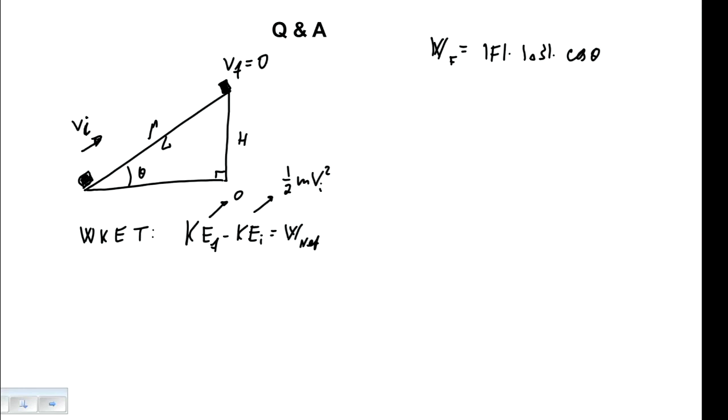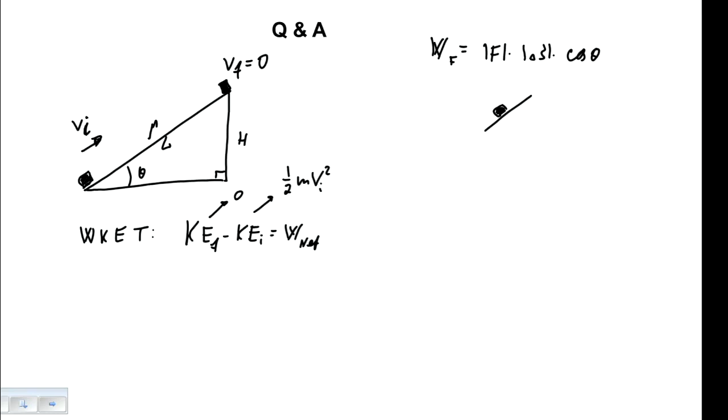For the constant force, work is equal to magnitude of the force times magnitude of the displacement times cosine of the angle. So why is it important to say it loud? Because it forces us to think about forces.